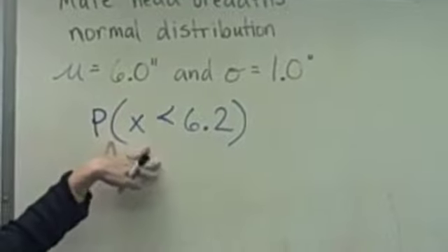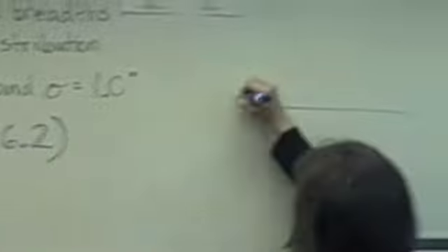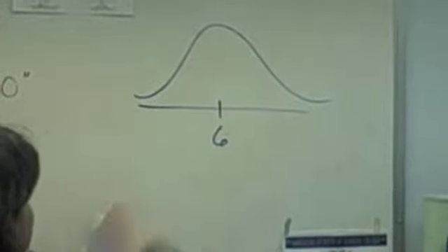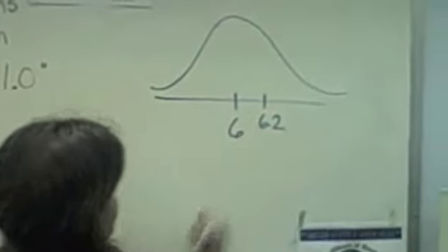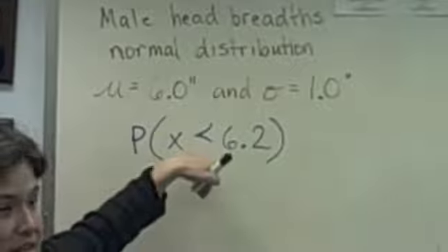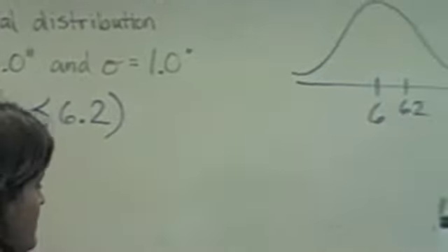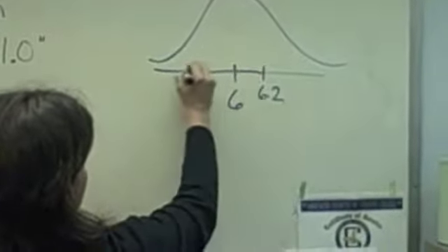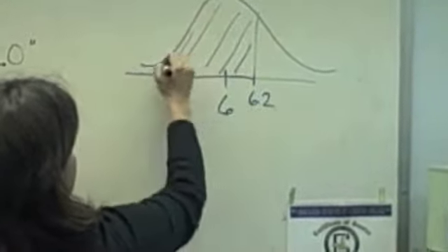So the first thing that I would do in solving this problem is graph what's going on, and being told that head breadths follow a normal distribution, I have a pretty bell-shaped curve, and the mean is 6, so that sits right in the middle, and then I locate 6.2 just to the right of the mean, and then finding the probability that that data value is less than 6.2, we shade in all the points that are less than 6.2, and so that's the data to the left. So my probability is going to be the corresponding area.